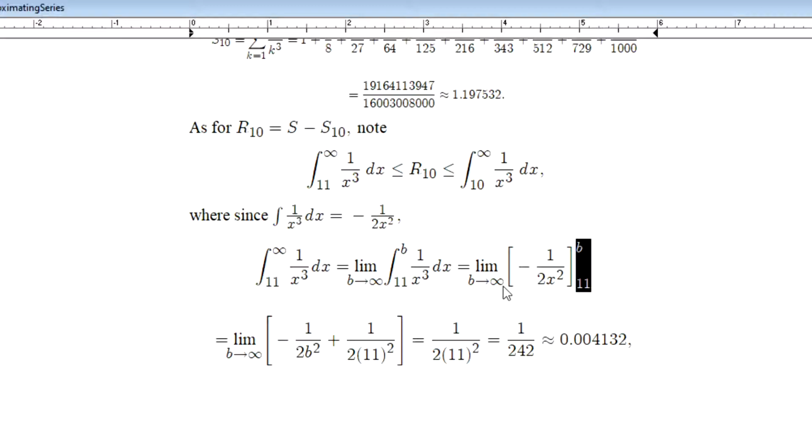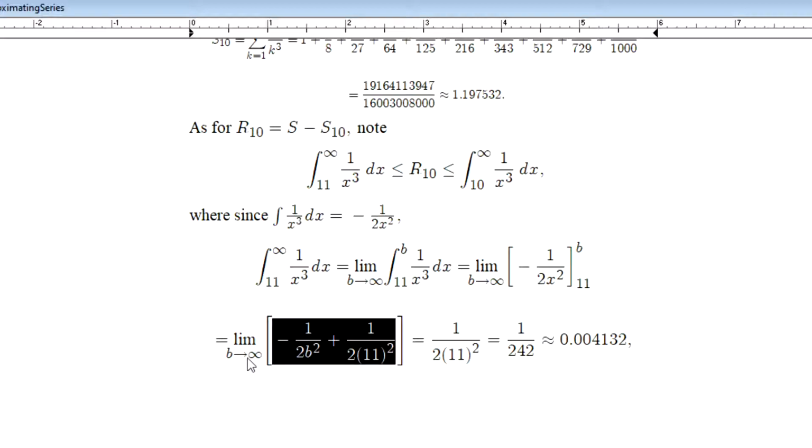The limit as b heads to infinity for negative 1 over 2x squared over the bounds from 11 to b. If I evaluate this antiderivative from 11 to b, it gives me this result, where if I now evaluate the limit as b heads to infinity, negative 1 over 2b squared is going to head to 0, and we're left with just the second term, 1 over 2 times 11 squared.